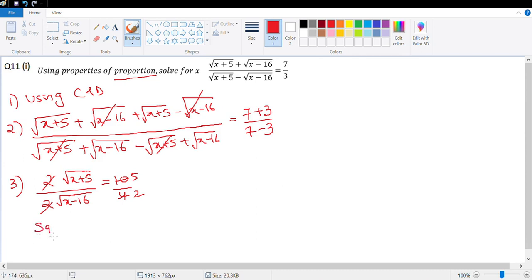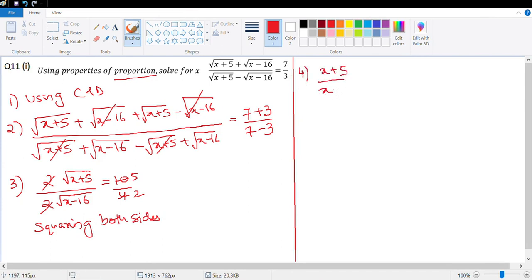So squaring both sides, let's see what we get. We get x plus 5 upon x minus 16 is equal to 5 upon 2 square, which is 25 upon 4. Let's go ahead and cross multiply.